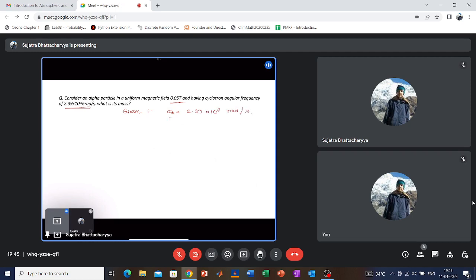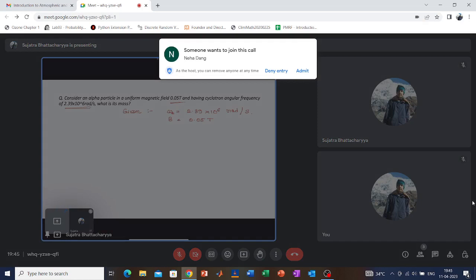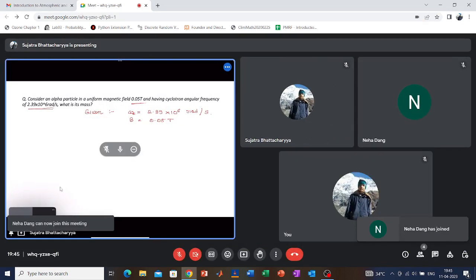And the magnetic field is also given, that is 0.05 Tesla. Nothing to convert because it is already in the SI unit. If had it been in Gauss, we can convert it.